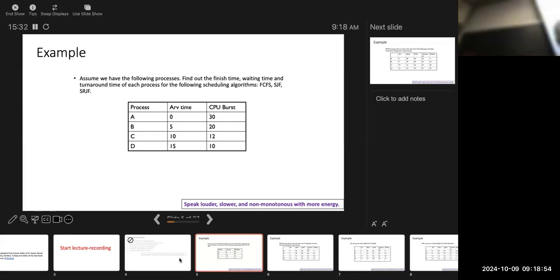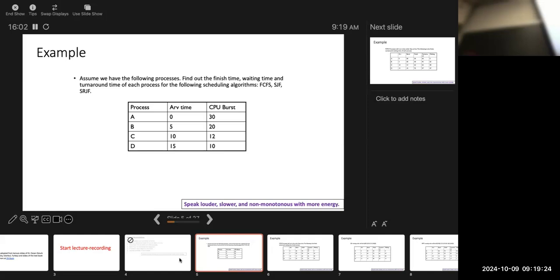Okay, again, let me start doing the problem on the board, and then you can check whether the solution you have is correct or my solution is correct. So we have shortest remaining job first, right?